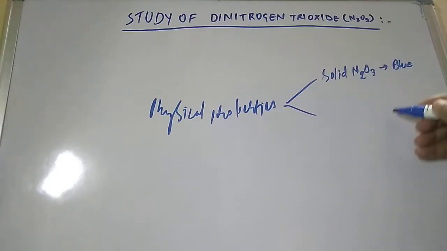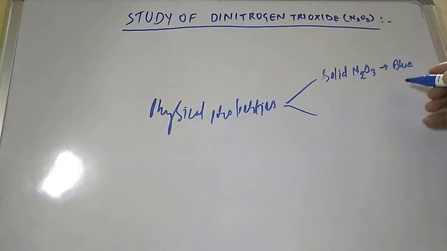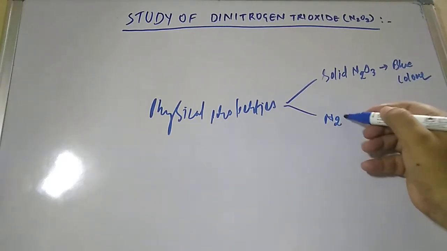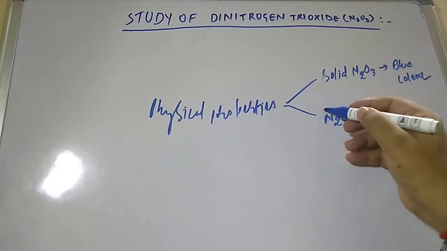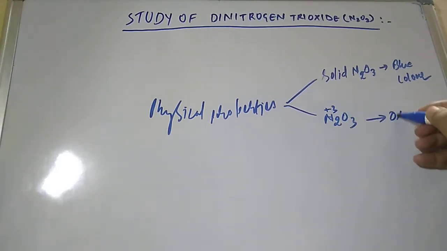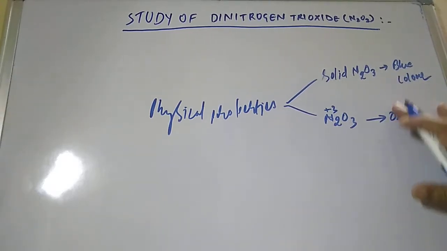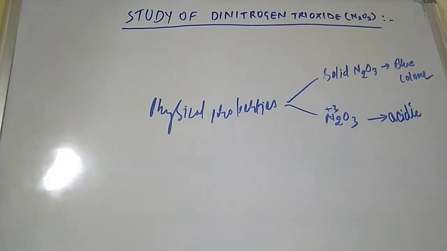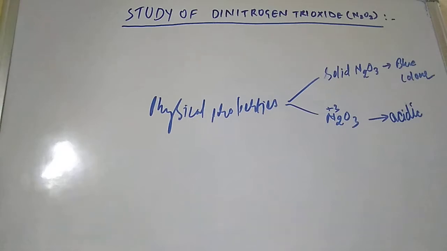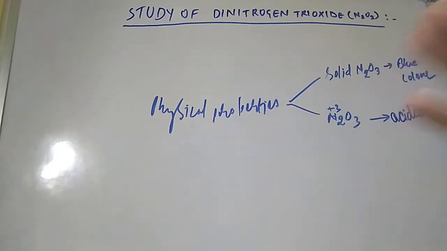The oxidation state is 6 by 2, plus 3. Nitrogen oxides are acidic in nature, so N2O3 is acidic, and solid N2O3 is blue in color. So these are the physical properties.